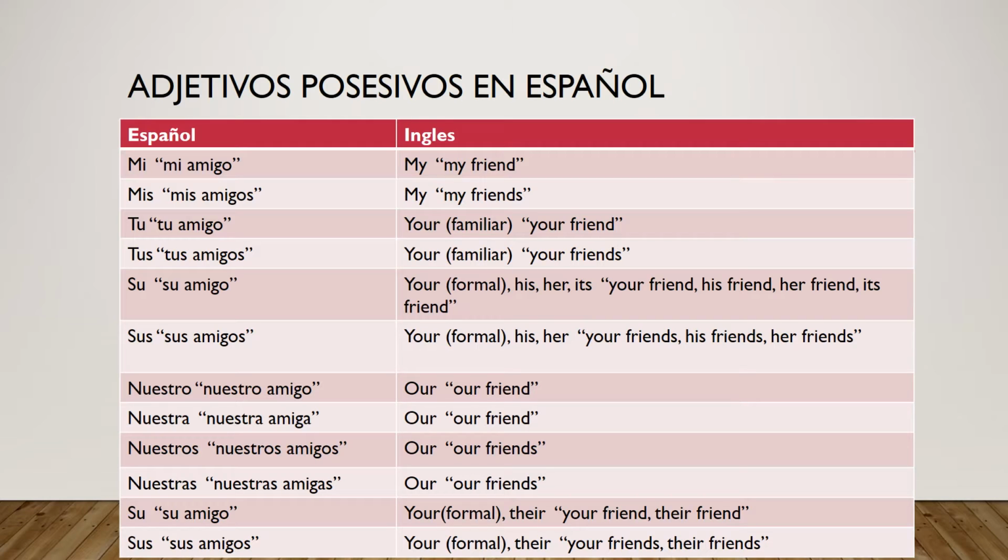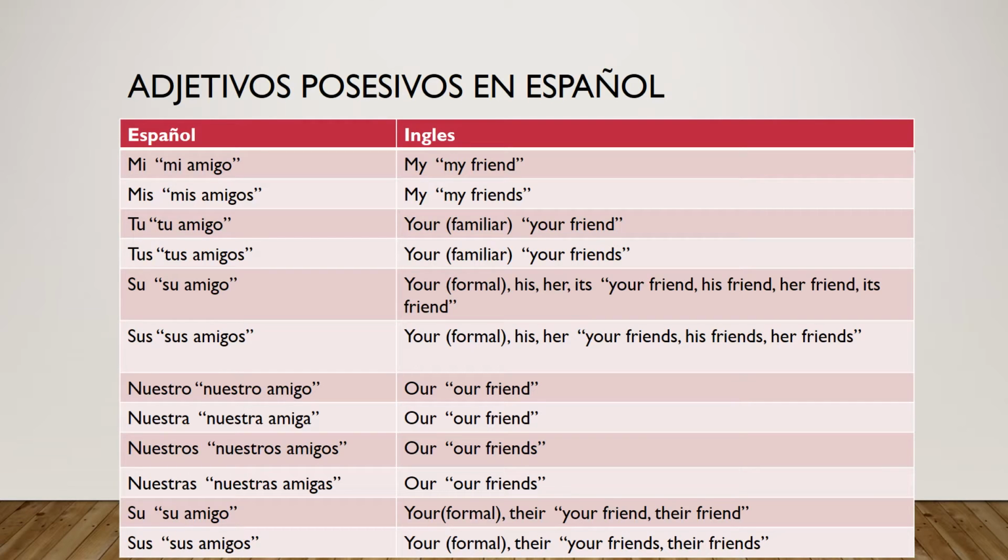Mis amigos for my friends. Tu amigo means your friend if you're talking in the familiar form of you, which is tu. If you want to talk in the familiar form of you, but it's a plural noun, you would say tus amigos, your friends.